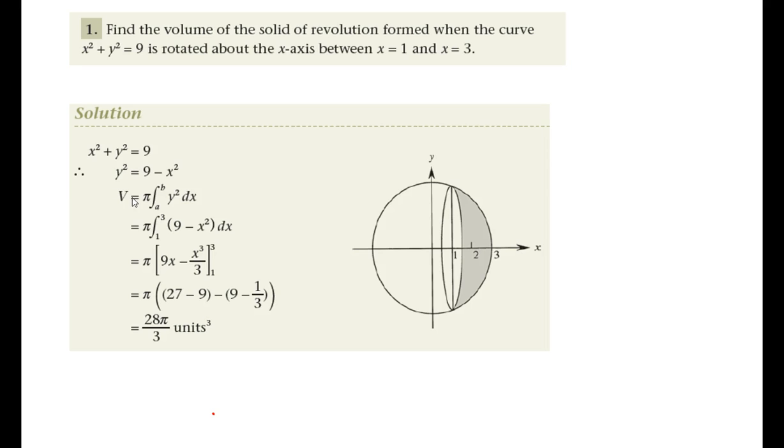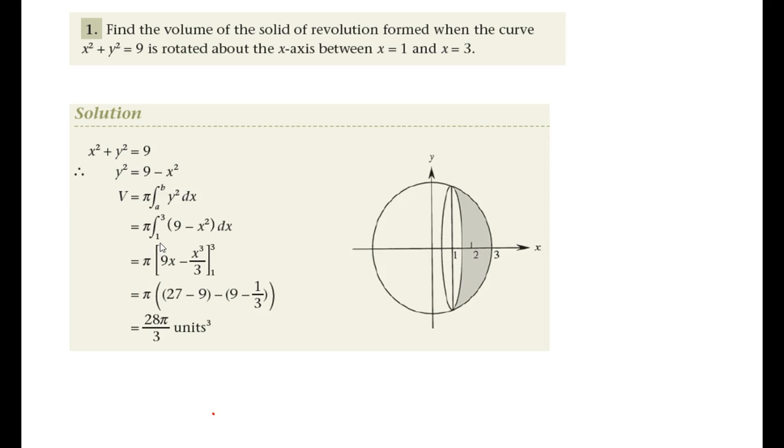Now we're ready to plug that into our formula. So our formula goes volume is pi outside of the integral from a to b of y squared dx. So substituting the values in, our start and end points are 1 and 3, and the y squared is 9 minus x squared.